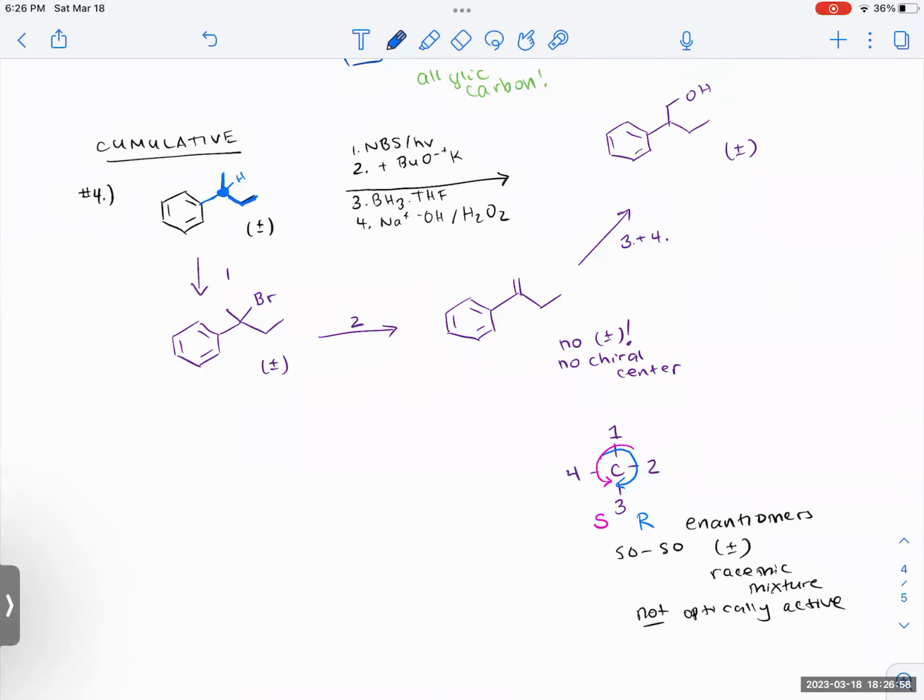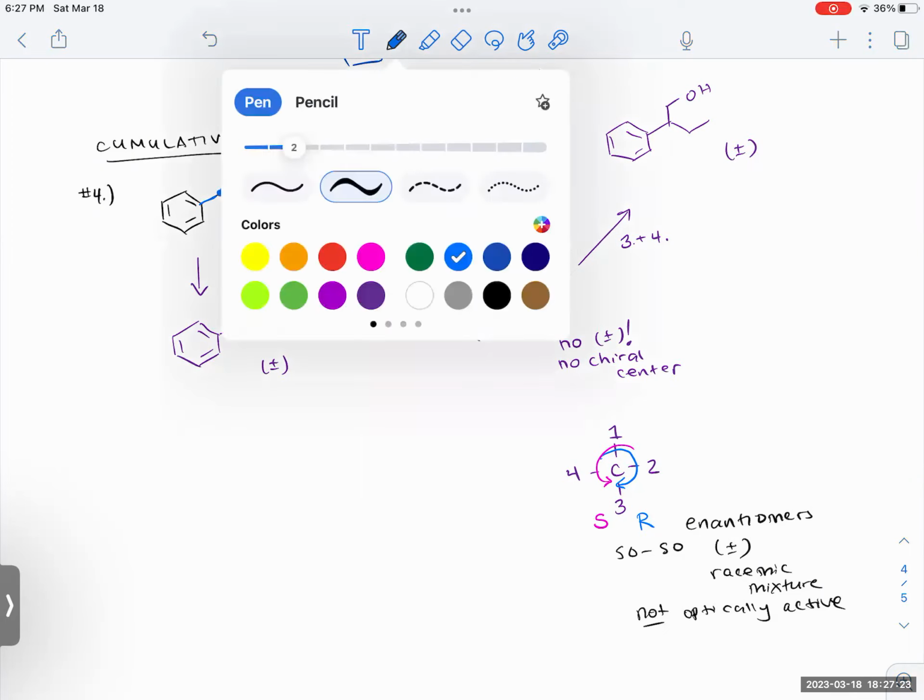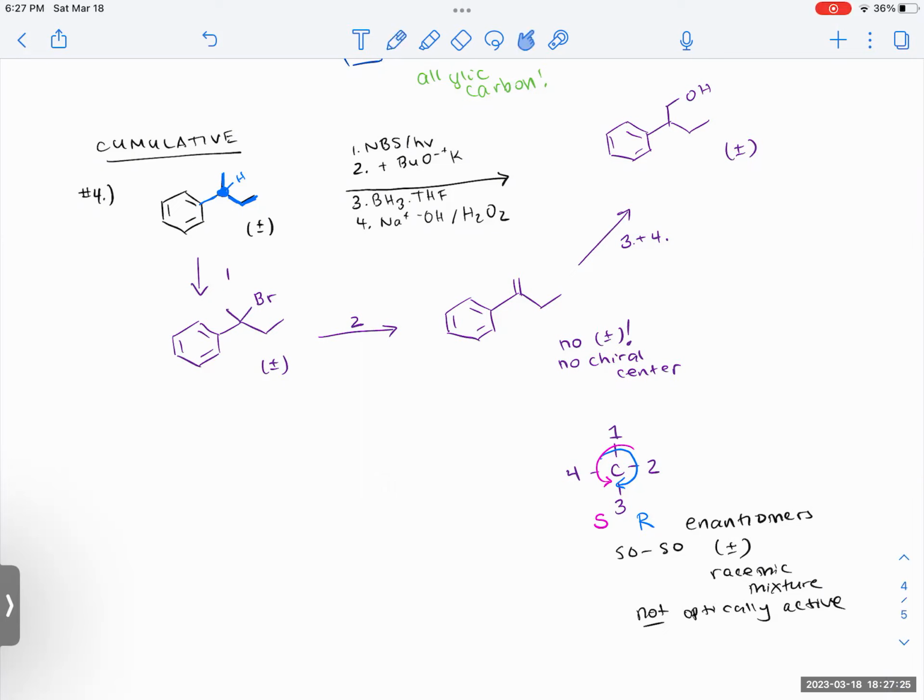So it has 4 different groups, and that makes it chiral. Since we don't know what direction everything is pointing, we could have either enantiomer, so it's going to be a 50-50 mix, or just plus minus, we would call it racemic. Okay, cool. So that's a quick rundown of what that means.